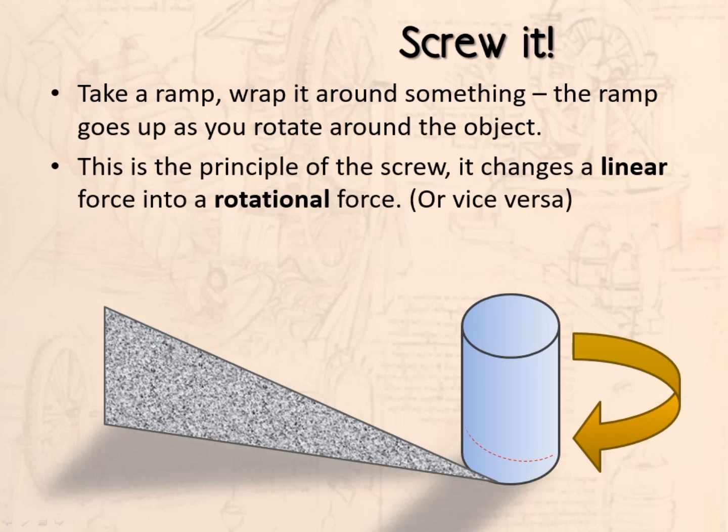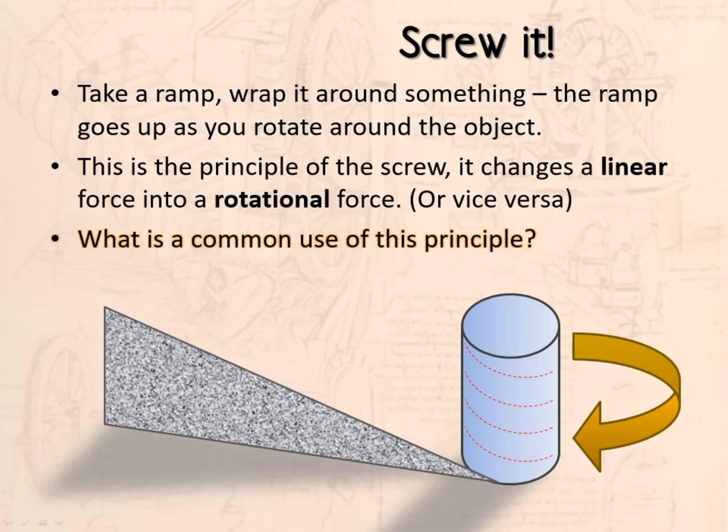So the principle of the screw is it changes a linear force into a rotational force, or vice versa. So we turn the handle on the water screw, and that is a rotational force, but the water moves up the pipe in a linear motion, in a line.